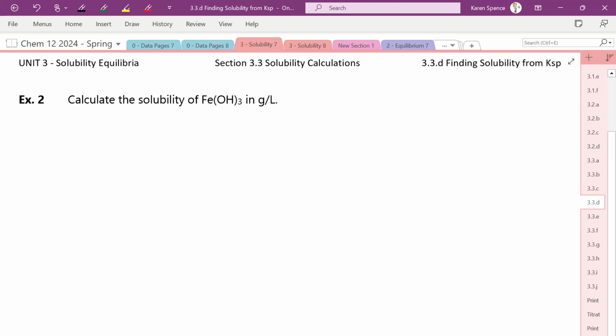X will be molar solubility because when you're solving, it will solve in terms of molar and then you will convert.